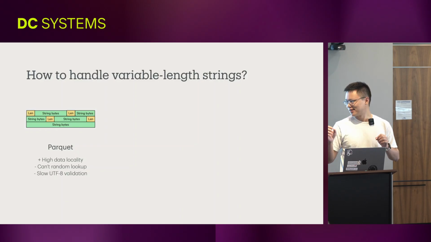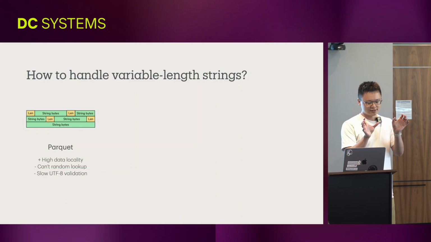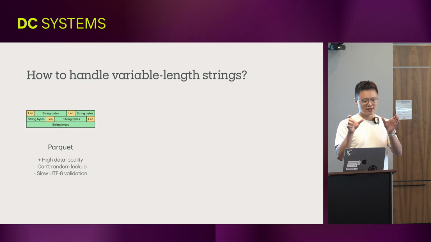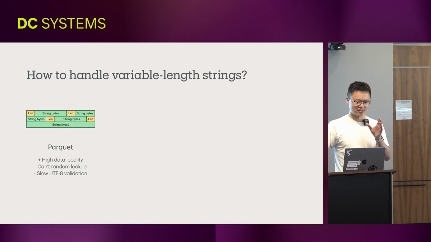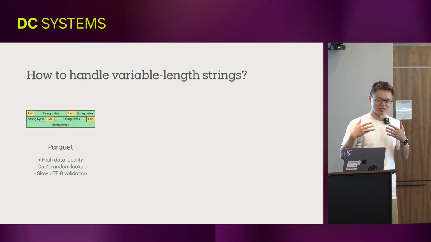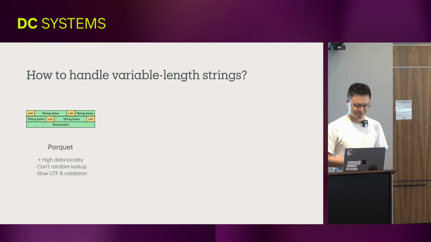But because here we represent data as a mix of integers and strings, it makes the UTF-8 validation pipeline break frequently, making SIMD optimization very difficult to run. So those are some problems with this design.